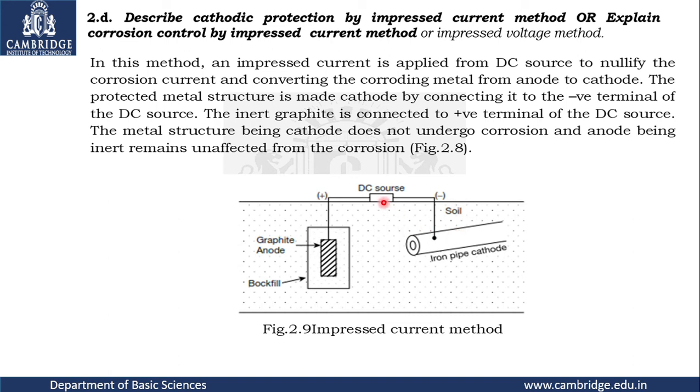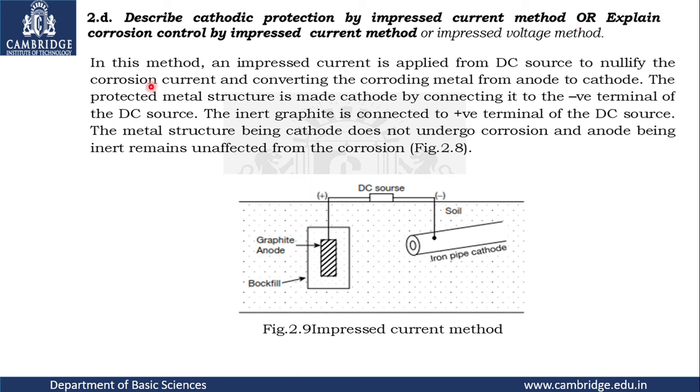As long as there is a supply of greater than 1.2 volt, this whole metallic structure will behave as a cathode and no part of this will act as an anode and it will be protected. According to electrochemical theory, in the cathodic region no corrosion happens. So this type of technique we call the impressed current technique.